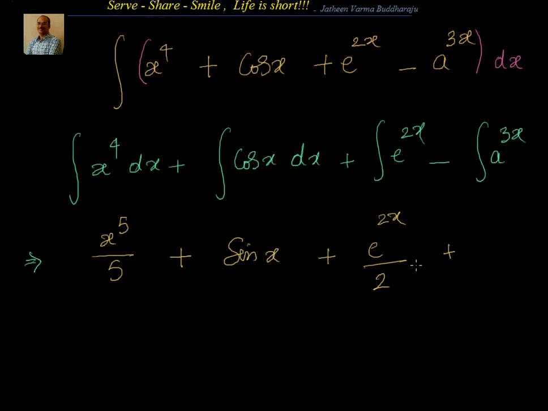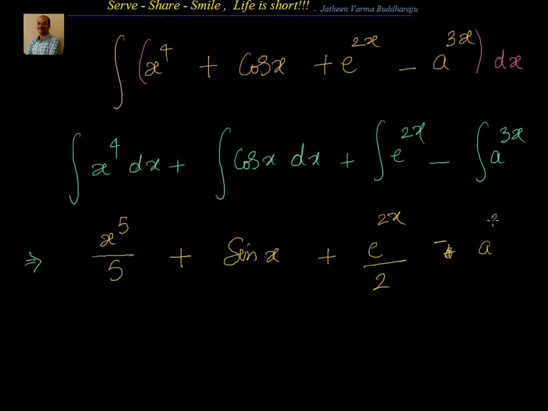Remember, whenever we do chain rule, the derivative of e power 2x is e power 2x into the derivative of 2x, which is 2. In differentiation we multiply, whereas in integration you have to divide. Then when you take the combination of them it will cancel out. Minus. Okay, next let's go to the next one.